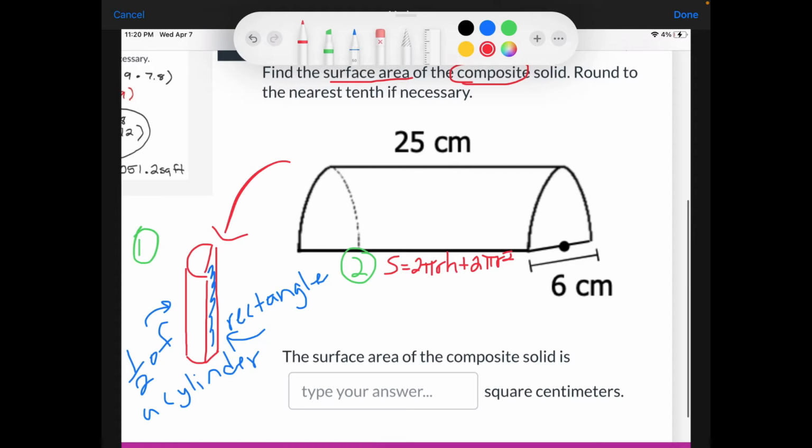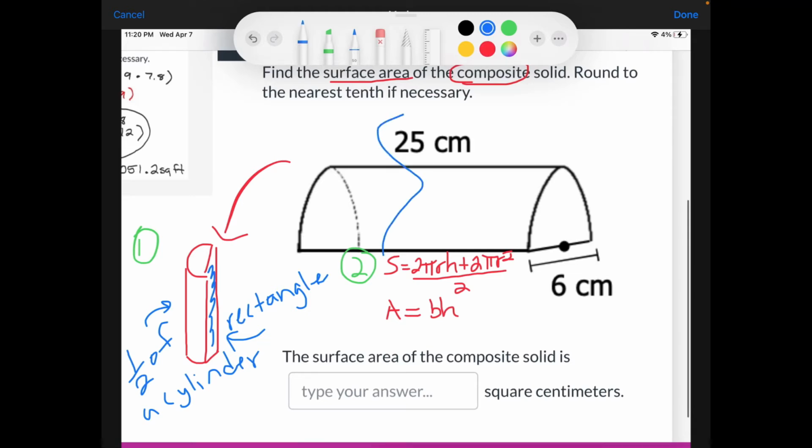We don't want the whole cylinder, so we're going to divide that by 2 because it's half of a cylinder. That's the formula for the half cylinder surface area, but we also want the rectangle. The area of a rectangle is a two-dimensional figure, so here we're combining 3D stuff with two-dimensional. This is just base times height, right? And we'll be able to cover the outside of this figure with those two formulas.